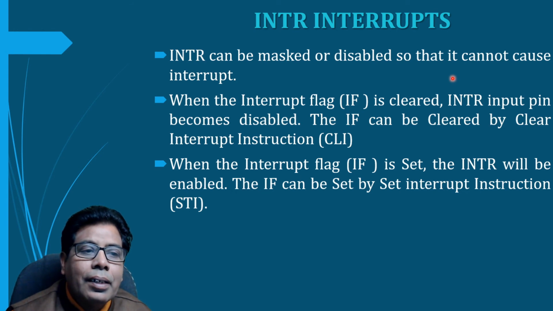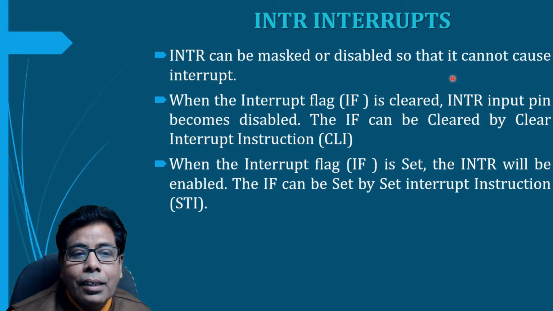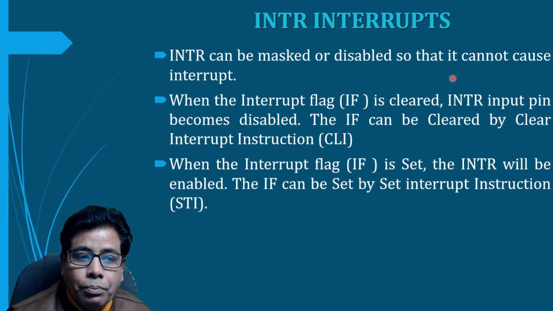It is cleared by the clear interrupt instruction, CLI. So if you give the CLI instruction, it will clear the interrupt flag and it will disable the INTR pin. So once it is disabled, it cannot cause the interrupt. So that is what should be clear to you.